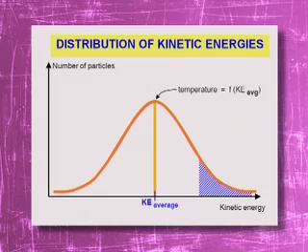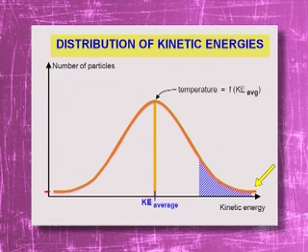But if we had to draw a graph in which we plotted the number of particles moving at particular speeds, in other words, the number of particles with certain kinetic energies, this is the kind of picture that we would get. You see, a low point here tells us very few particles have such a low energy. On the other side, a very small number of particles have a very, very high energy.